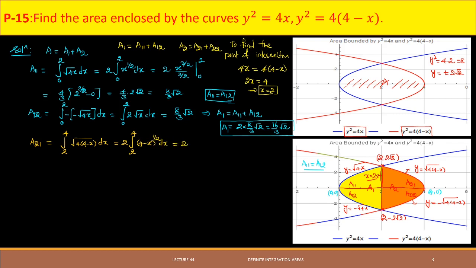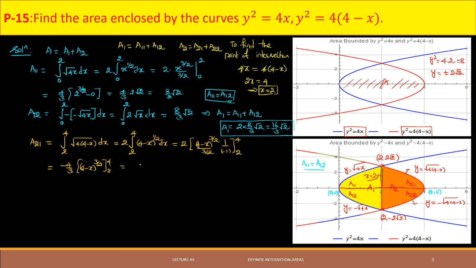So that is equal to 2 into, what is integration of 4 minus x whole to the power 1 by 2? It is 4 minus x whole to the power 3 by 2 by 3 by 2 into 1 by minus 1, 2 to 4. So that is equal to minus 4 by 3 into 4 minus x whole to the power 3 by 2, 2 to 4.